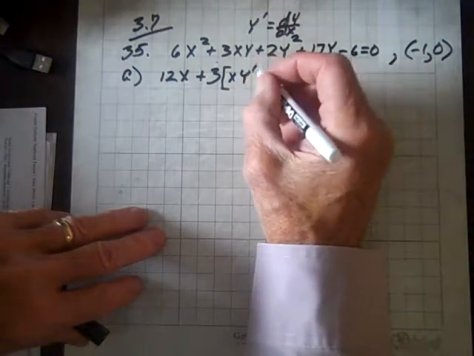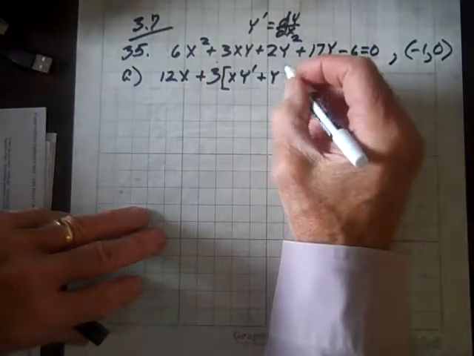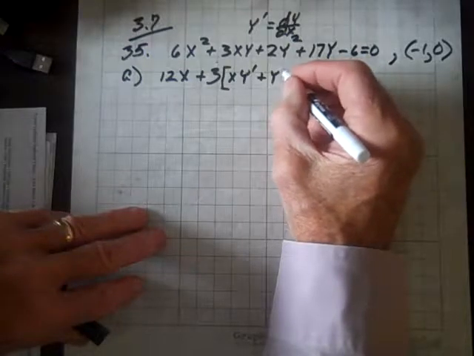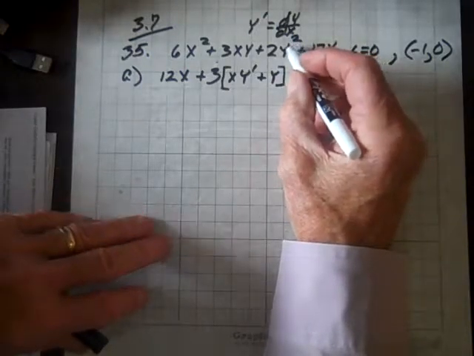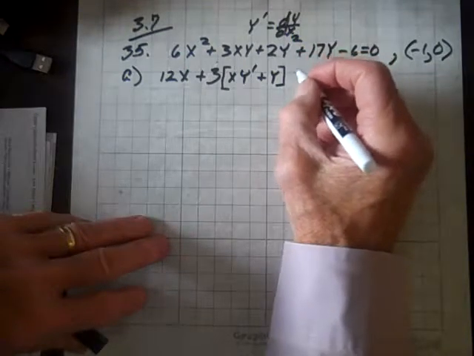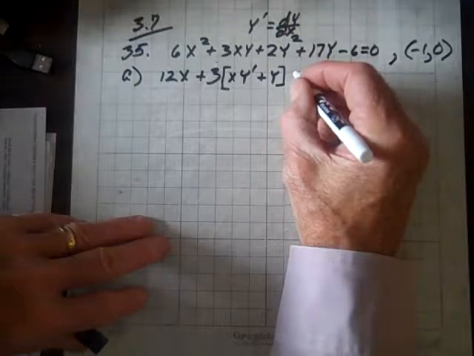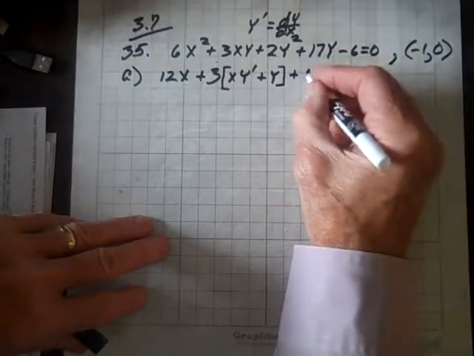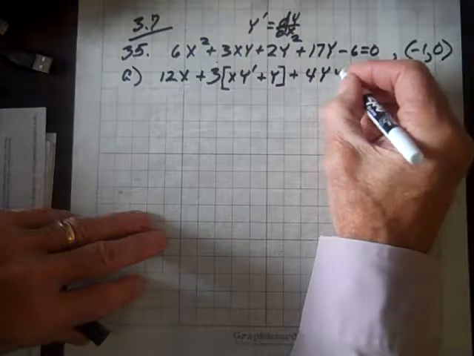Now, we'll hold y constant and take the derivative of x with respect to x, and that's just 1, so 1 times y is y. Now, we'll take the derivative of 2y squared with respect to x, and bringing the 2 down, we get a 4y, and then dy/dx, which is y prime.